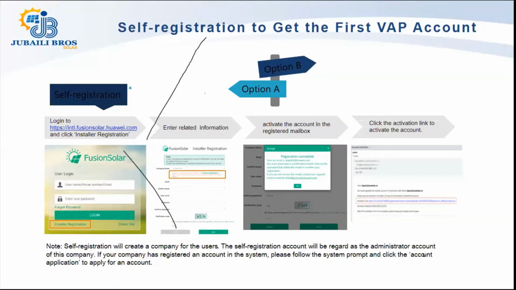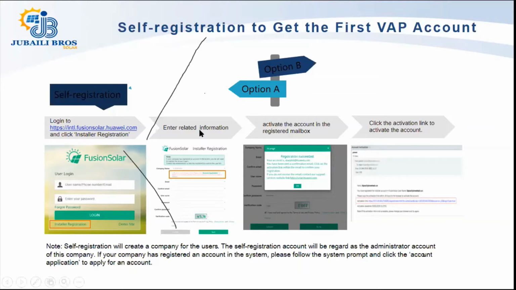After successful submission, you will receive an email on the email ID which you entered with the company information. You go into that email and click on the activation link. Once you have activated the link through your email, you can start using the company account.